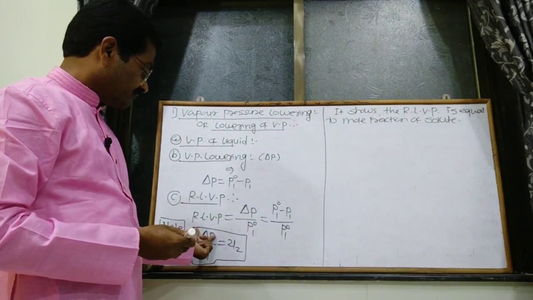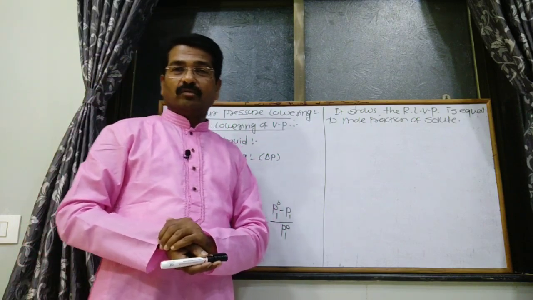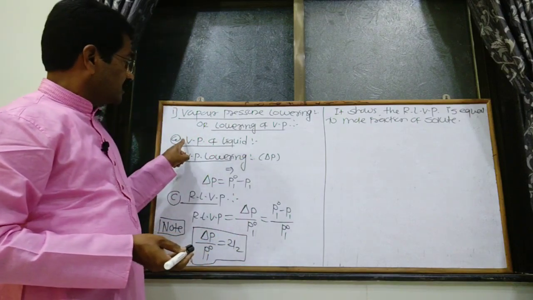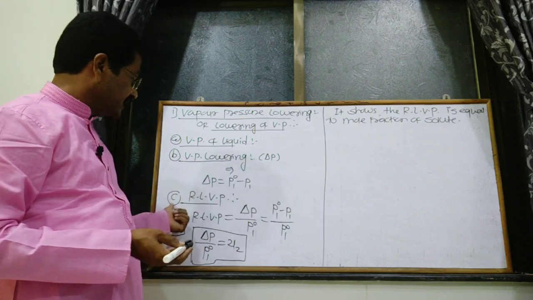So this equation indicates RLVP is equal to mole fraction of solute. So the first is the vapor pressure of liquid, the second one is the vapor pressure lowering, the third one is the RLVP.